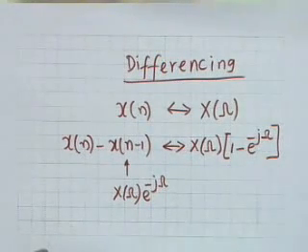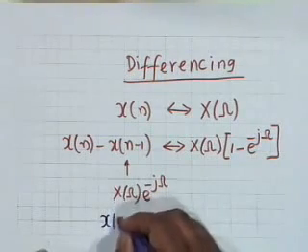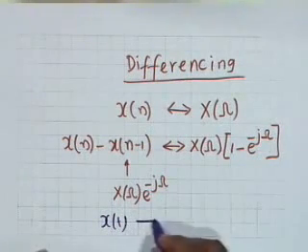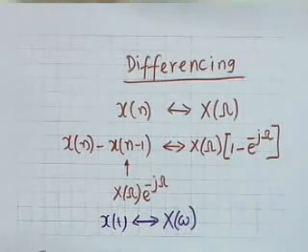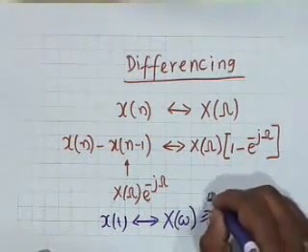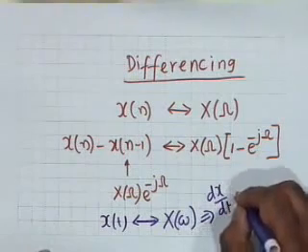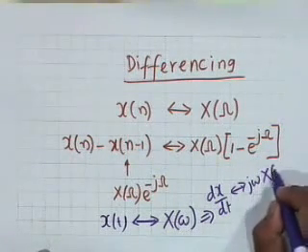You recall for reference that in the continuous time case, if x of t has the Fourier transform capital X of omega, then this implies that dx/dt is the pair of j omega times capital X of omega.